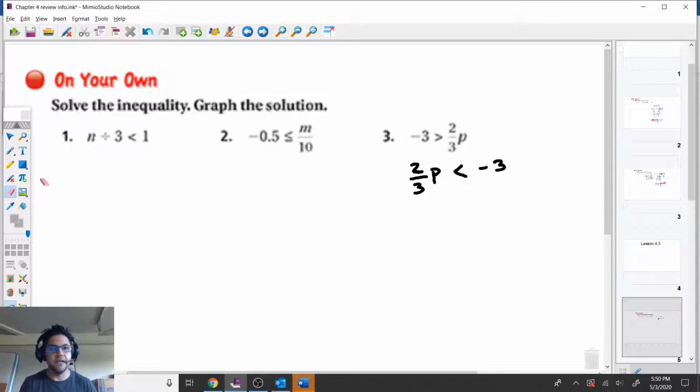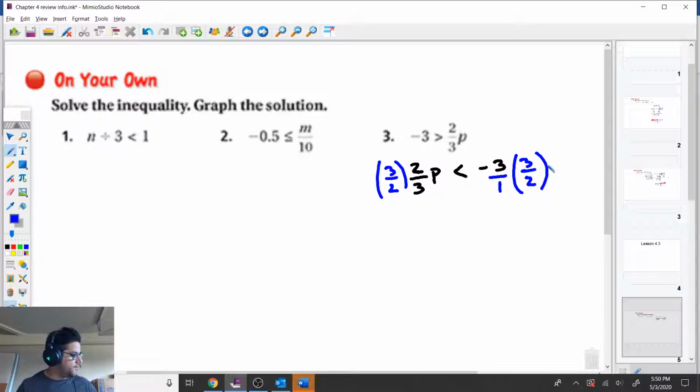Using the strategy again of multiplying by the reciprocal, let's multiply both sides by 3 over 2. Now, if you notice, I cannot do any cross-canceling here. So let's see what our 2 acceptable answers are in 7th grade again.